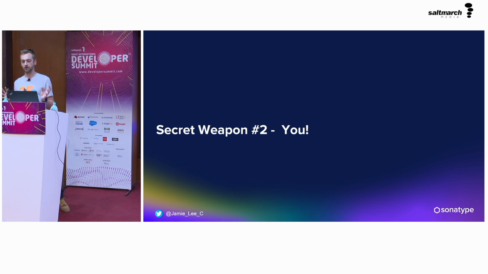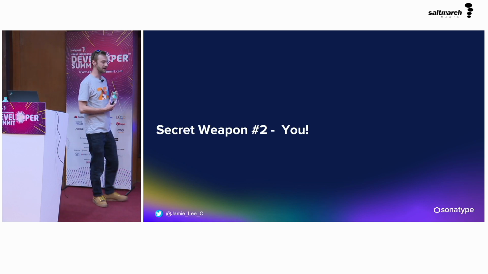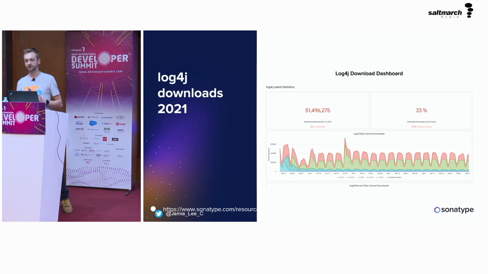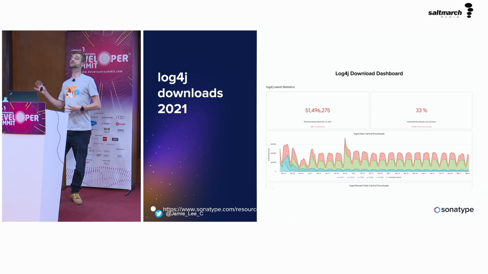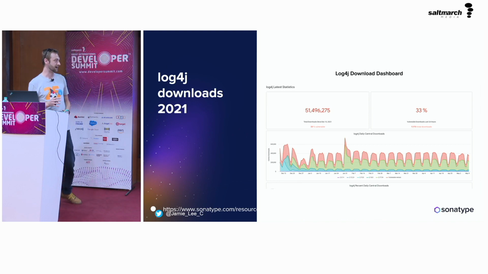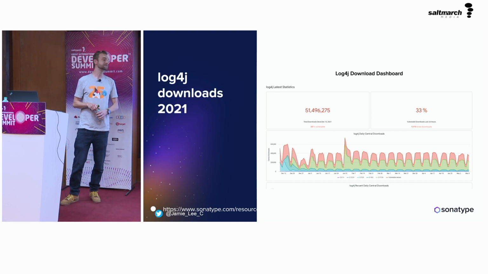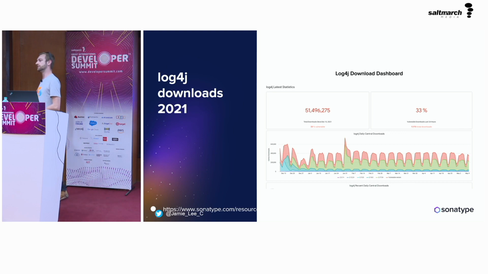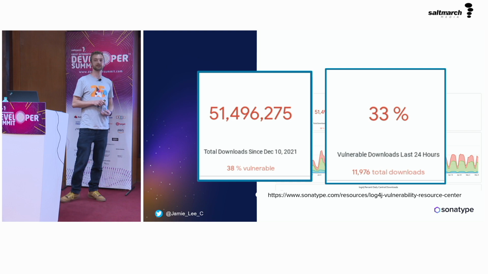So the second secret weapon is audit, right? Like I mentioned, because you've got Maven Central, we can see how many people download what. This was about 6 months after the worst Java vulnerability in history was announced. After 6 months, there were 51 million downloads of that vulnerability. 33% of all Log4j downloads were the most vulnerable version in history.